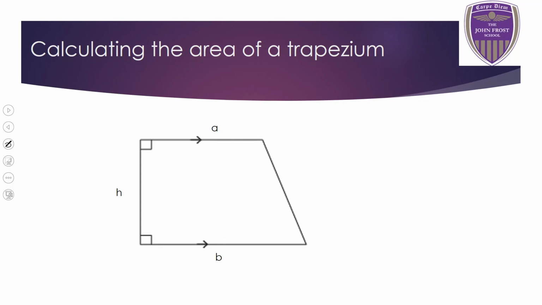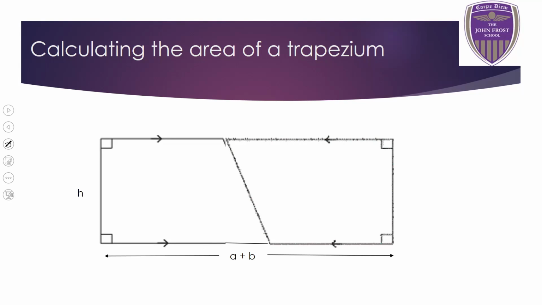So if I've got that trapezium, and I copy it, so I do the same trapezium again, but this time flip it over and attach it to the trapezium that I had already, what you should see now is the original trapezium that we had, and this side is the copy that I've flipped over and slotted in next to the first.